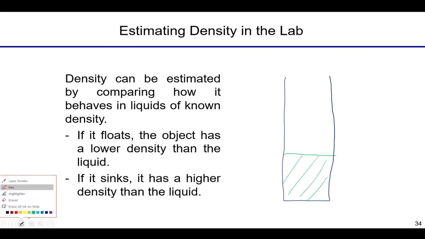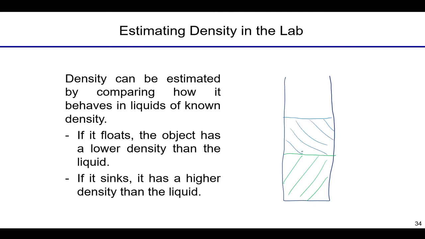And on top of that liquid that is dense, you pour water. And on top of that water, you pour another liquid. And now you have 3 liquids of different density, right? The whole reason you'll see oil separating out on the top of water is because oil is less dense than water.